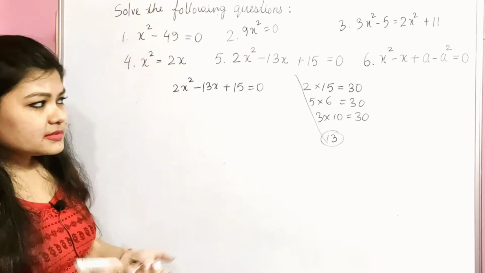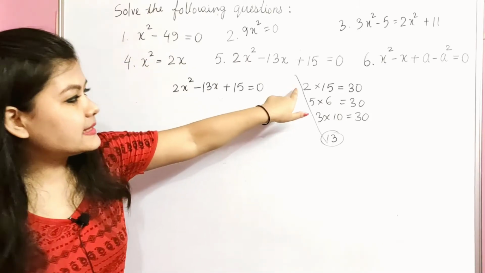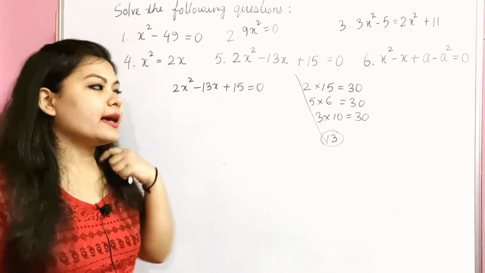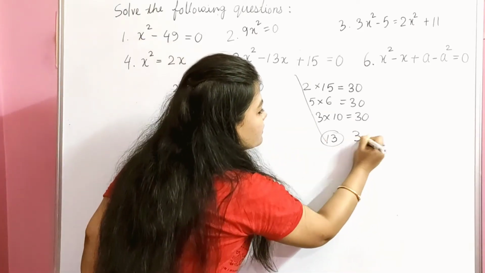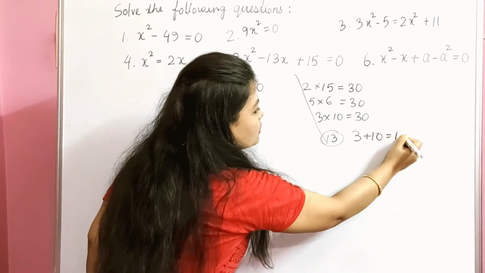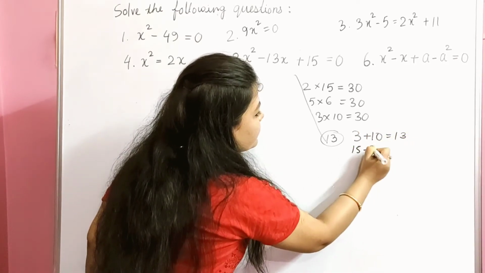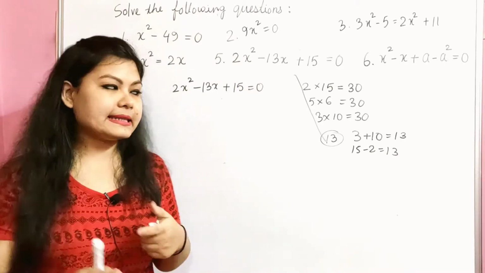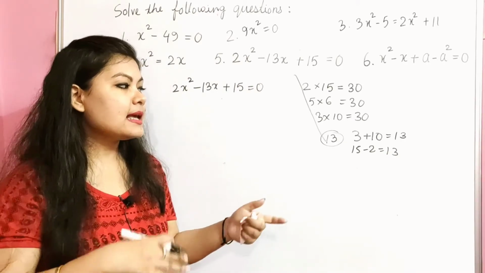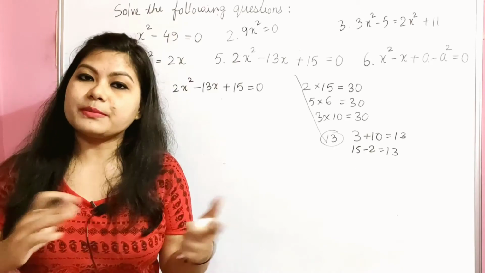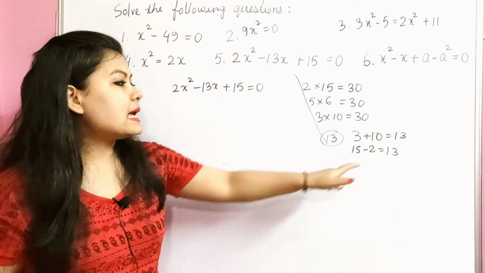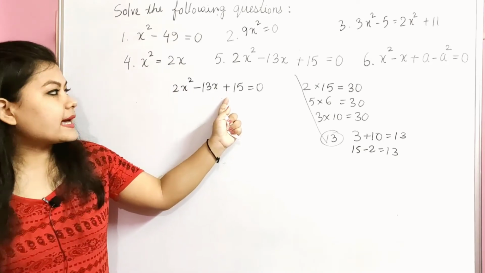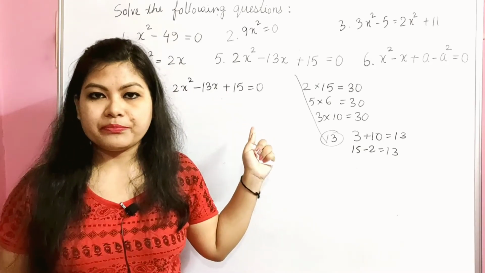Now how to decide which pair will be used? Here we got that 3 plus 10 is equal to 13 and 15 minus 2 is also equal to 13. So one value is obtained by adding the pair of numbers and another by subtracting between the pair of numbers. This will depend on the sign before the constant number.